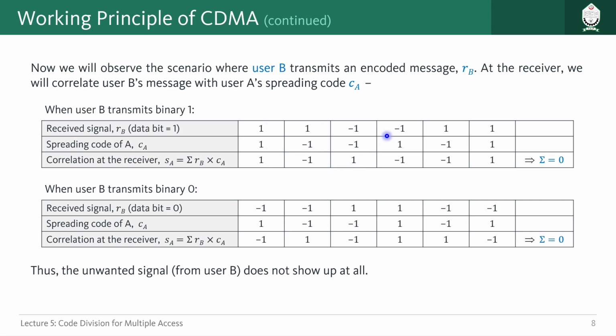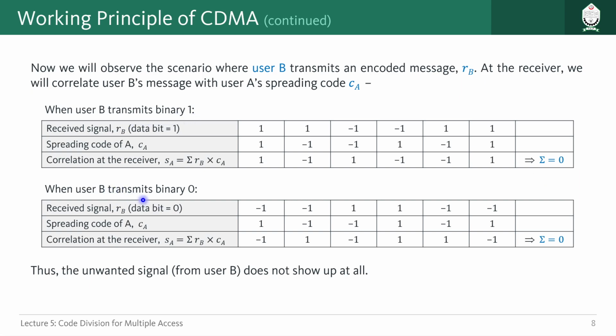After multiplication, this is the sequence we get. After summing it up, we get the result as 0. As you can see, there are 3 plus 1s, 1, 2, 3, and 3 minus 1s. As a result, the correlation is 0 whenever B transmits binary 1.